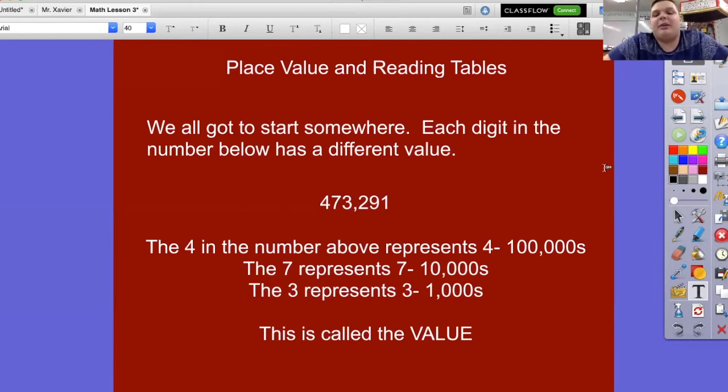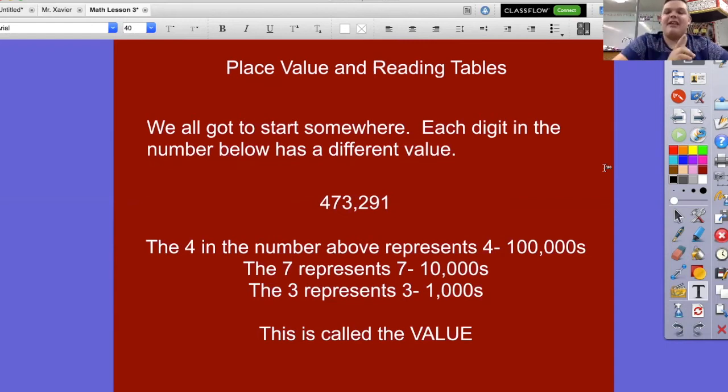Each digit in the number below has a different value. 473,291. The 4 in the number above represents 4 100,000s. So it's as if you had 4 of those. I have a 100,000s here, a second one, a third one, a fourth one. The 7 represents 7 10,000s. It does not represent 7.